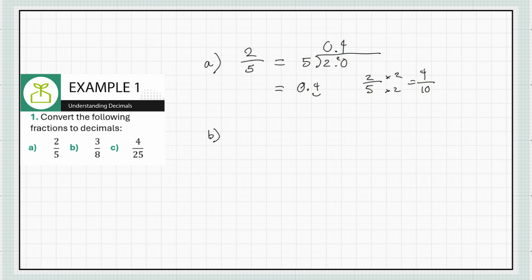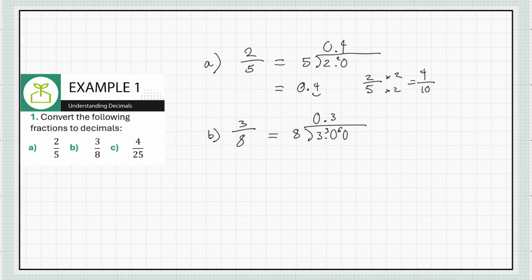So for B, we have 3 over 8, and 3 over 8 can be written as a division problem. How many times does 8 go into 3? Well, it doesn't, so put a 0 and a decimal place, and we'll do the same down the bottom. And we'll ask, how many times does 8 go into 30? Well, 8 goes into 30 3 times, and we have a remainder 6.